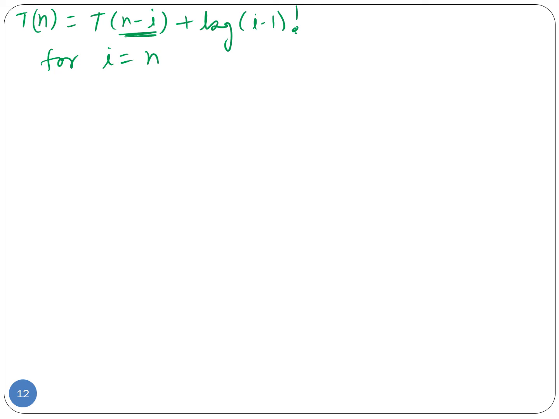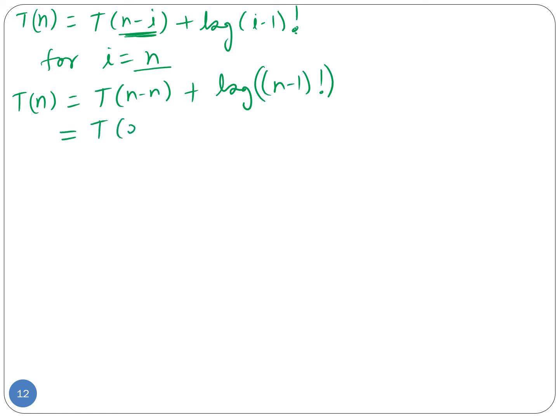So let's substitute i equal to n, and we get T of n is equal to T of n minus n, which is 0, plus log of n minus 1 factorial. Okay, so this is basically simply T of 0 plus log of n minus 1 factorial.